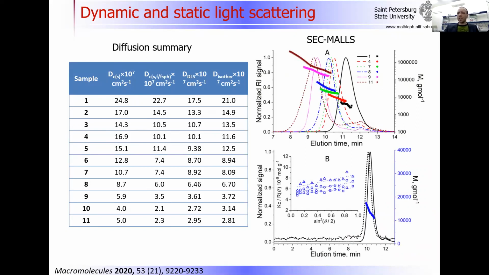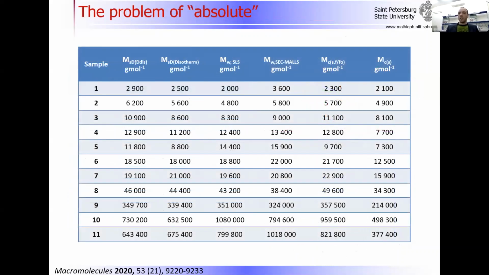On the other side, these diffusion coefficients were later used to calculate the molar masses using the sedimentation coefficient. Also, independently, we applied static light scattering experiments, on the one hand using SEC modes, on the other hand also at stationary conditions, batch SLS. Then we end up with this molar mass matrix.